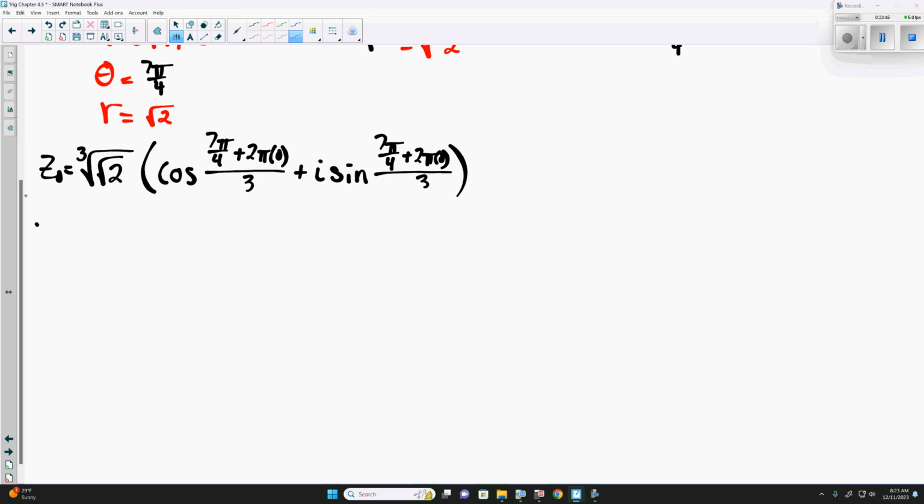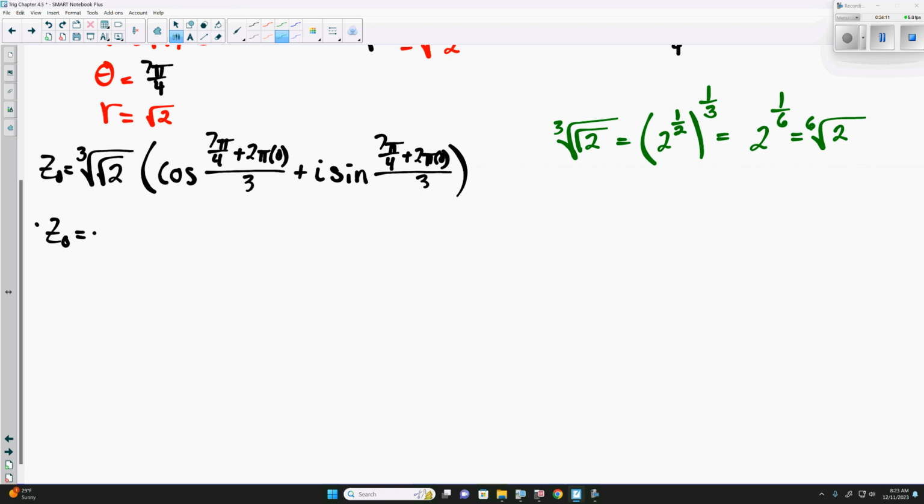Now the cubed root of the square root of 2, I'm going to do this off to the side. Just as we had previously, the cubed root we can say is the 1/3 power. The square root is the 1/2. Powers of powers multiply, so we'd have 2 to the 1/6, which is the 6th root of 2.